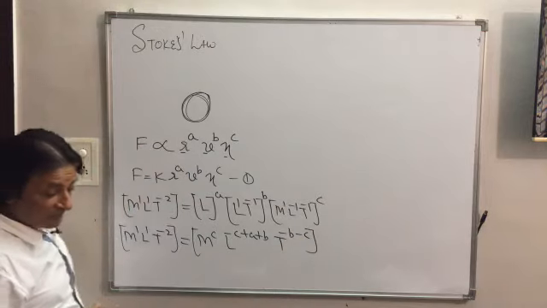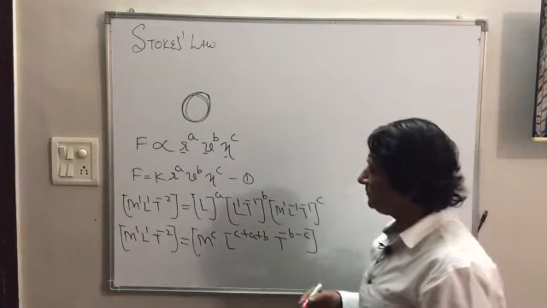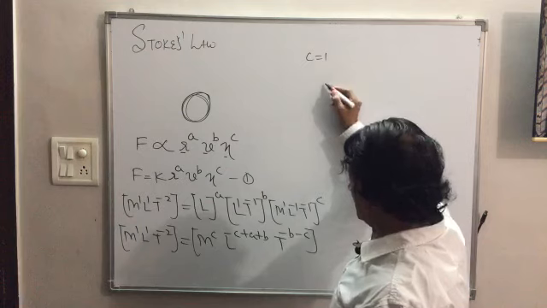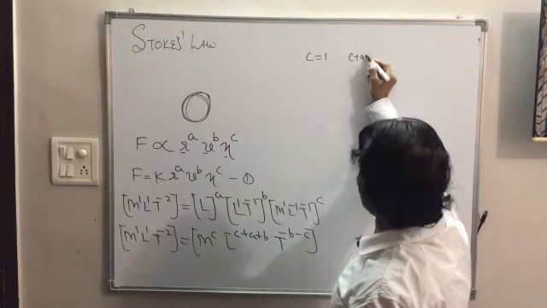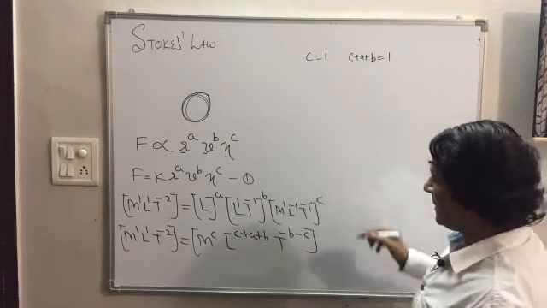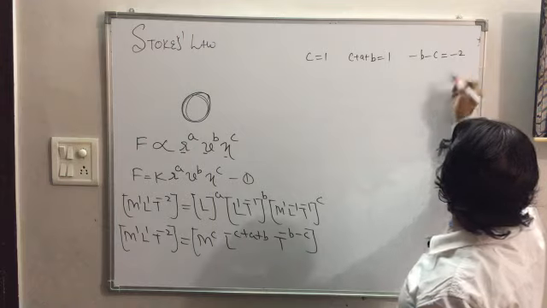Now we will use the principle of homogeneity. What do we use? The principle of homogeneity. C is equal to 1, minus C plus A plus B is equal to 1, and minus B minus C is equal to minus 2.